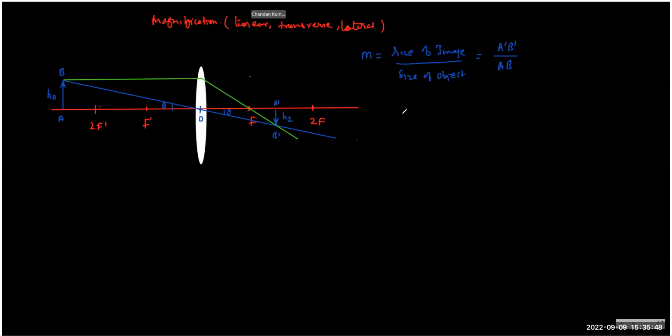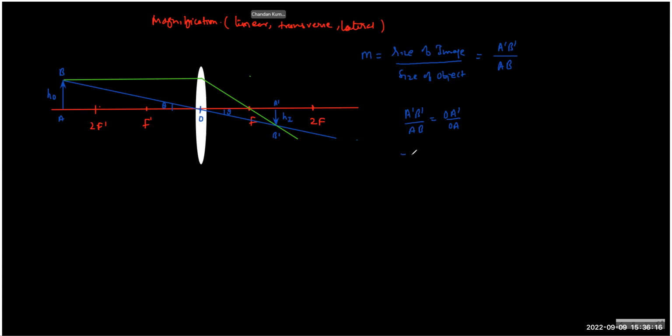From similar triangles, what can we say? A dash B dash upon AB equals OA dash upon OA. If you're not comfortable, you can go by tan theta equals OA dash upon OA. Now substitute everything with proper sign.